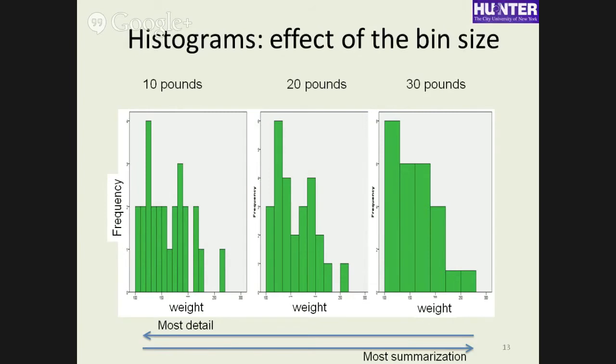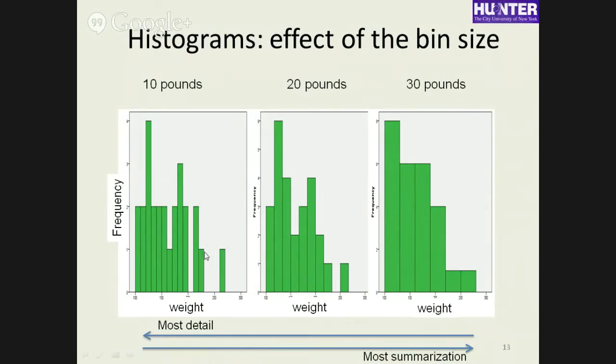But how wide or how fine you make these bins is an open question. There isn't a right answer, and you can do it a number of different ways. So on the left, here's what you could get by making those bins narrower so that there are fewer records in each one.